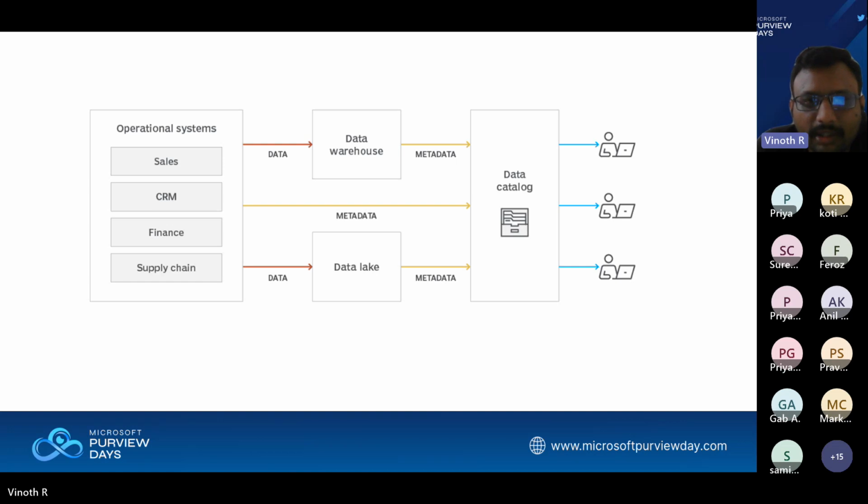They can look into the metadata and see if this is the data they want. Once they confirm, they request access for the data, get access, and do their own analysis.